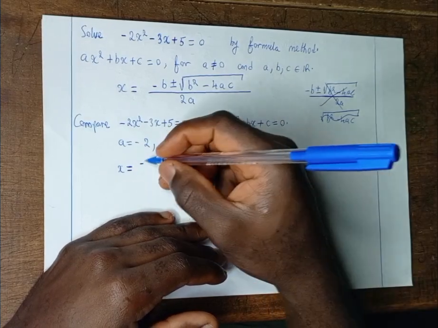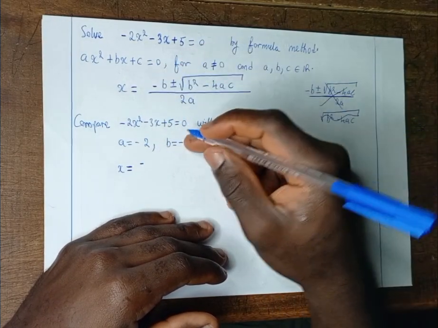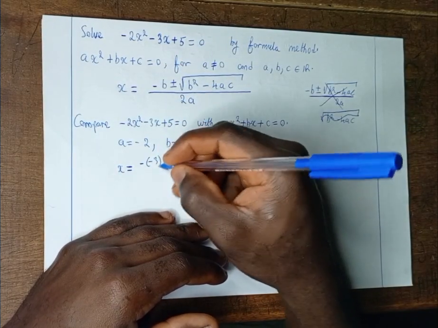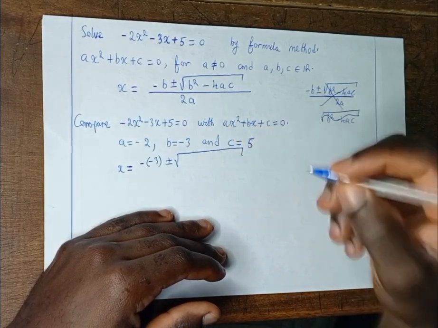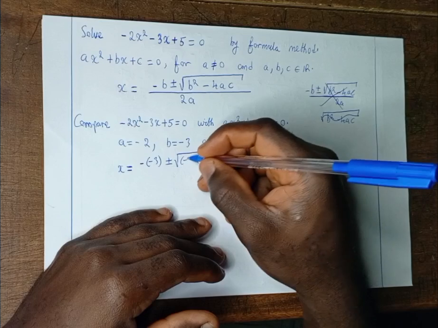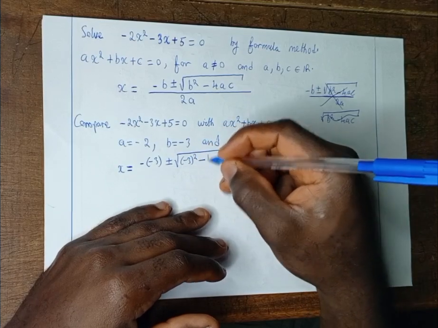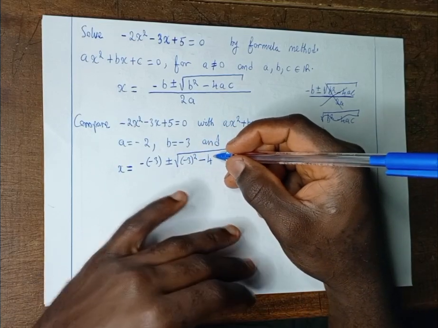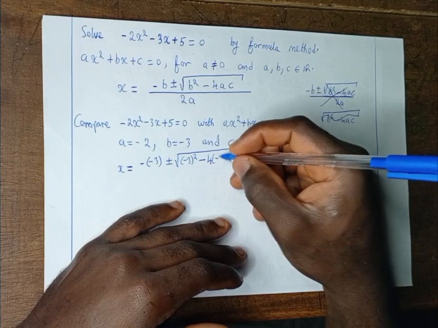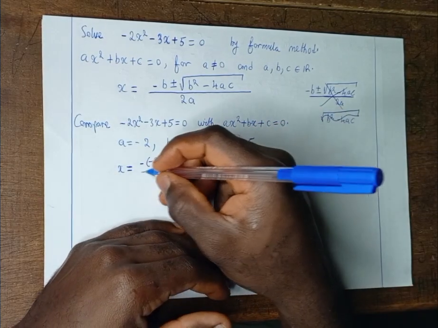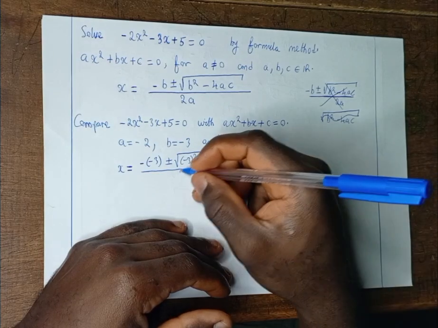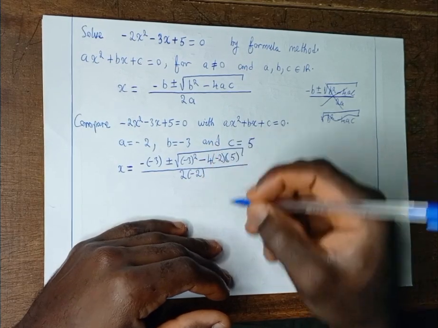This is a negative sign which is in the formula, b is negative 3, so we put the negative 3 plus or minus the square root of b squared, negative 3 squared, minus 4 times a is negative 2 times c is 5. Then we divide all through by 2 times negative 2.